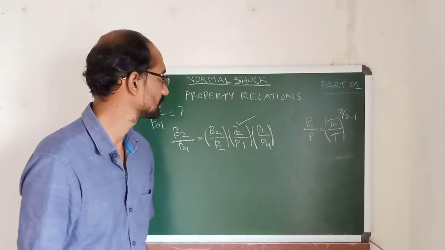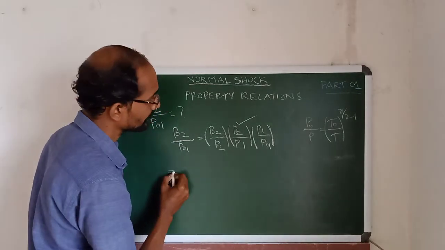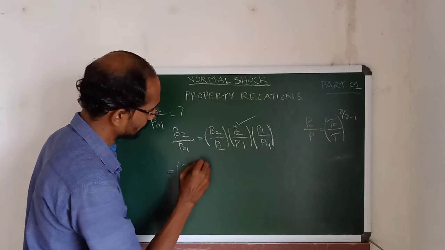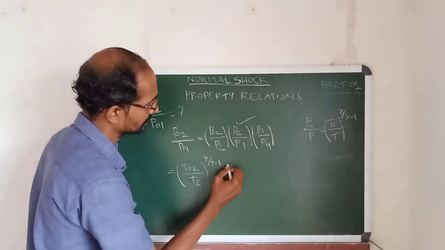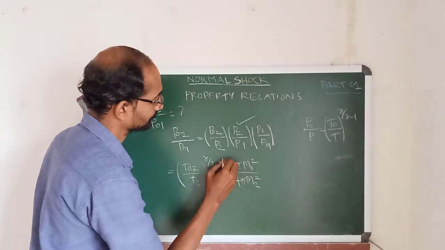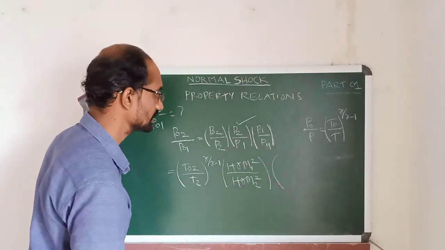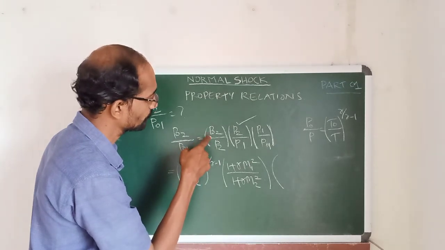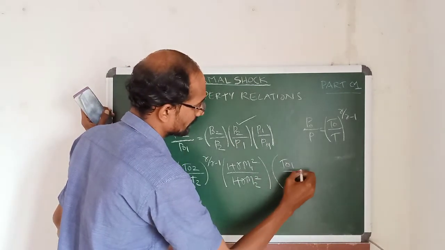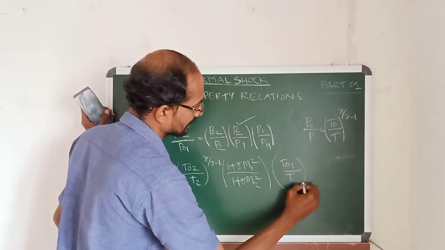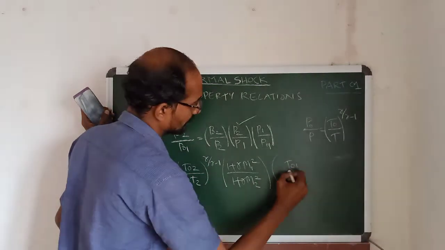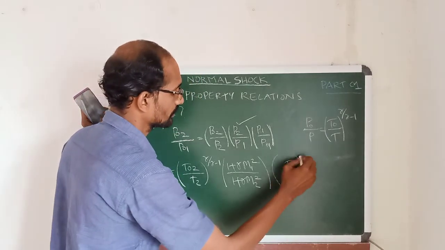So for state 2, this is T0 by T2 raised to gamma by gamma minus 1, times 1 plus gamma M1 square by 1 plus gamma M2 square, times, here it is P1 by P01, so P0 by P raised to minus 1.